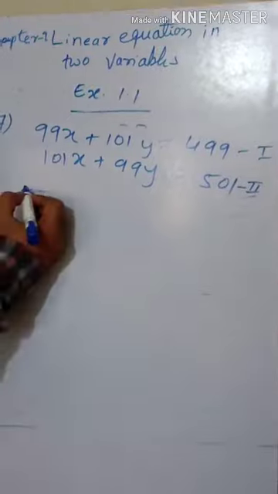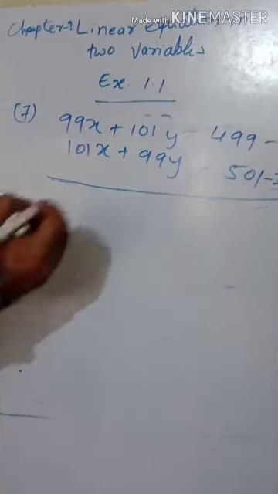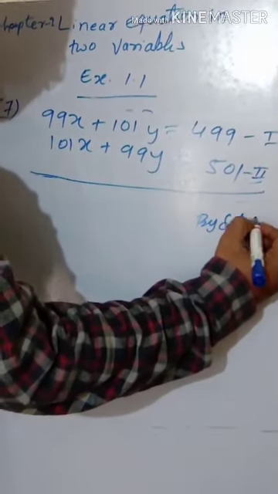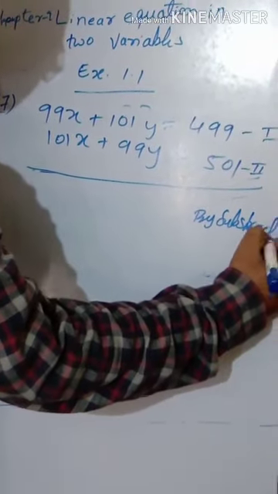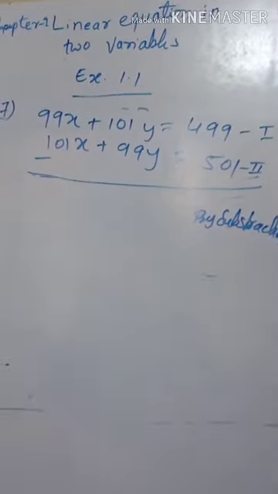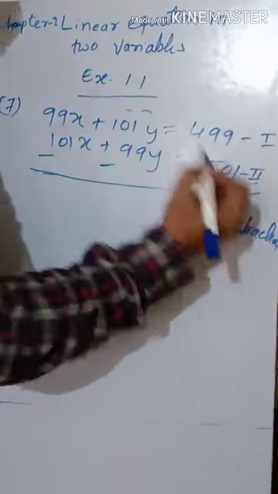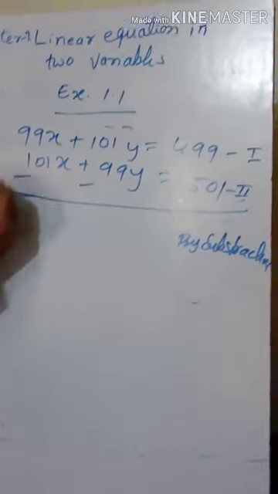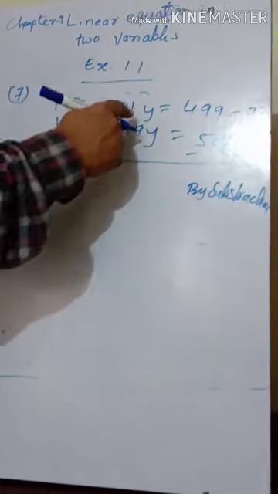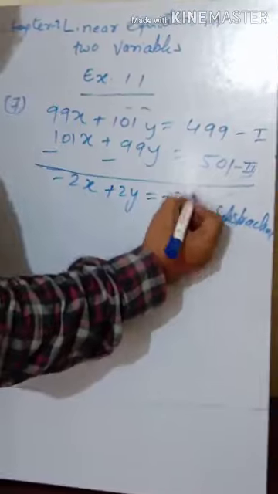So students, to find another new equation, we subtract equation 1 and 2. By subtracting, 99x minus 101x is minus 2x, 101y minus 99y is plus 2y, 499 minus 501 is equal to minus 2.